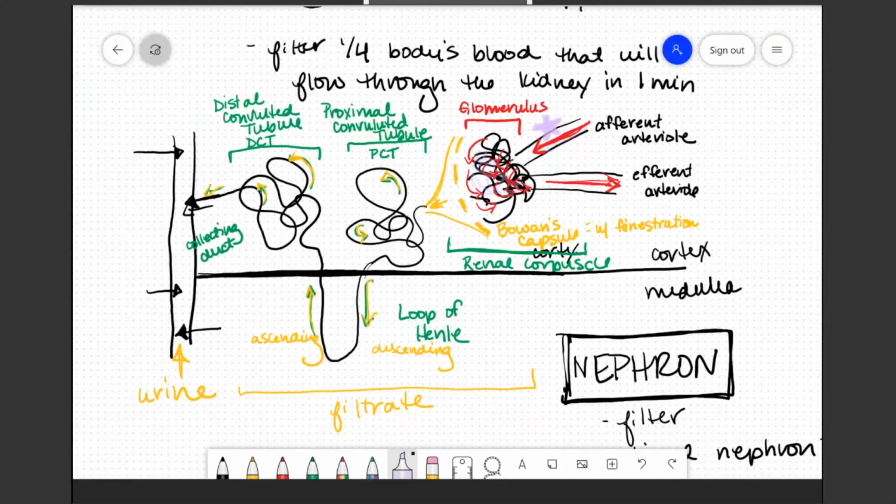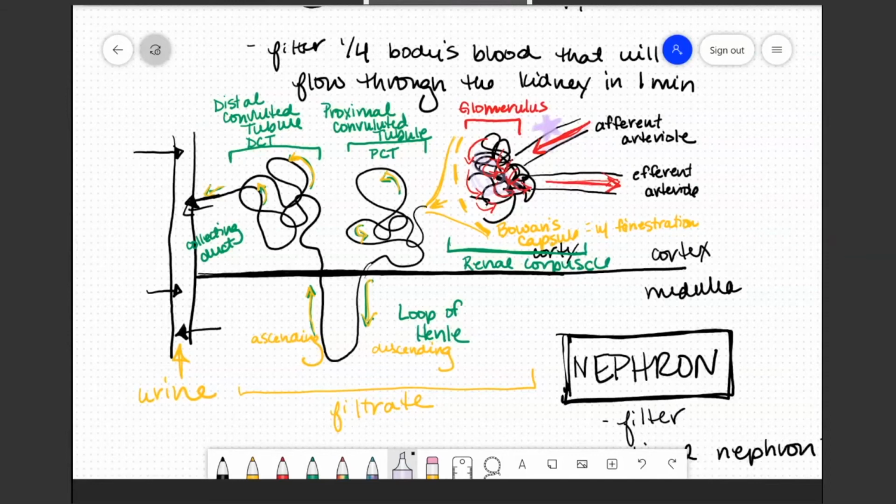If there is too much pressure forcing that blood to travel through your glomerulus, essentially too much pressure of the blood means you are not going to get enough liquid filtered out. Whereas if you have a low pressure coming through your afferent arteriole, your glomerulus is going to have too much liquid for it to be able to process out.